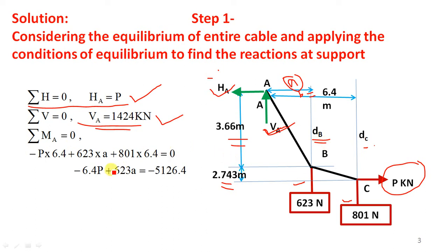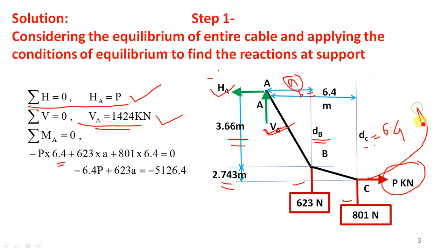So first write down the equation of moment about A for the entire cable. First, P into the vertical distance DC. What is that distance? 3.66 plus 2.74, that comes out to be 6.4. So P into this vertical distance 6.4 will create a moment at point A. If you observe, in which sense will it create the moment?